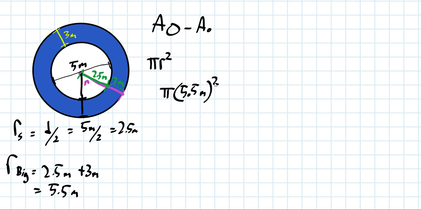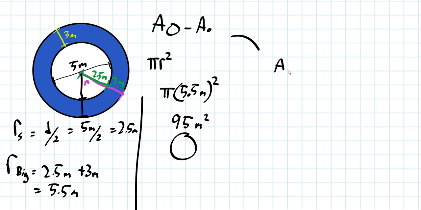So for the big circle, pi r squared is pi times radius, 5.5 meters, squared. So 5.5 squared times pi is 95. That's the big circle. The whole big circle, but we need to chop a little bit out of the middle. So we need to find the area of the small circle, which again is going to be pi r squared, but a different r.